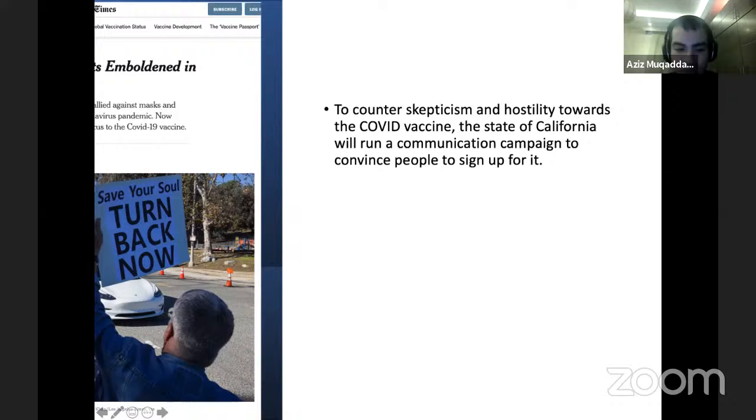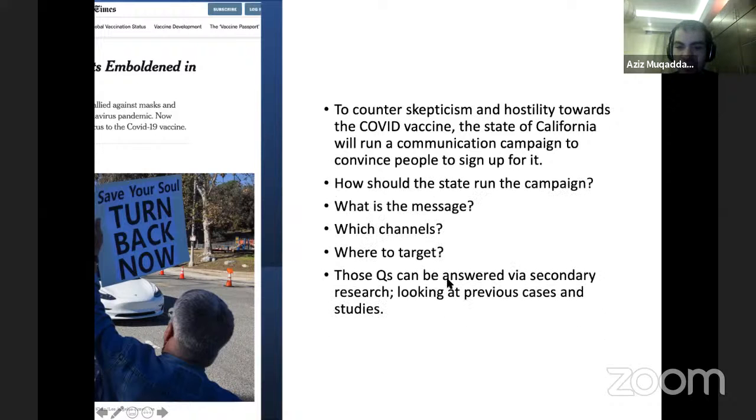What are you going to do, right? How should the state run the campaign? Is it going to be mostly an online campaign, an offline campaign, a broadcast media campaign? Are you sending activists into the streets? Are you deploying social workers or medical professionals?